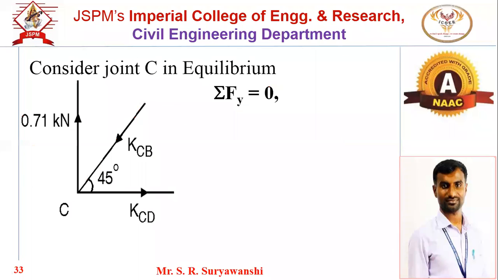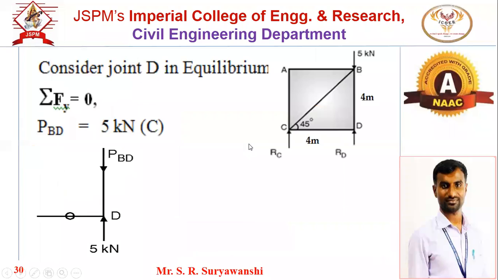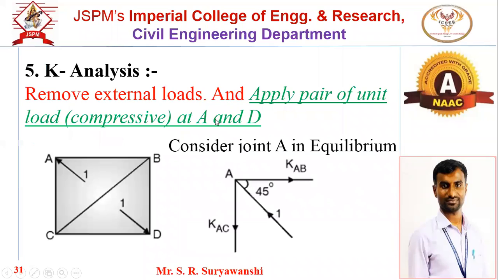Now consider joint C. At this particular joint C, how many unknowns are there? There are 3 unknowns, but out of 3 we have found KAC. What is KAC? It is tensile. So at joint C, that member force will be away from the joint, and that is 0.71.